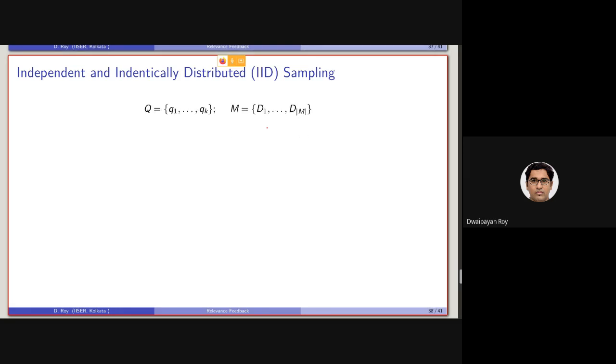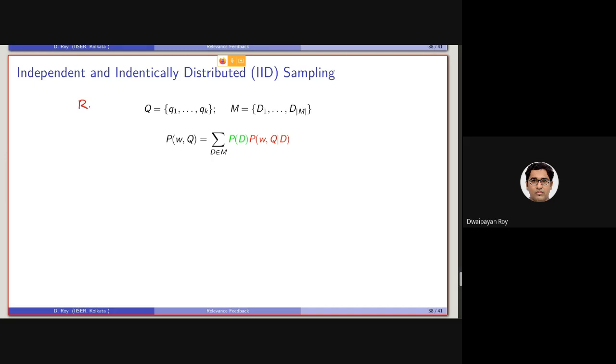Again, this is IID sampling, independent and identically distributed sampling. That is, there is no dependency between the drawing of an individual word from the urn, from the population.